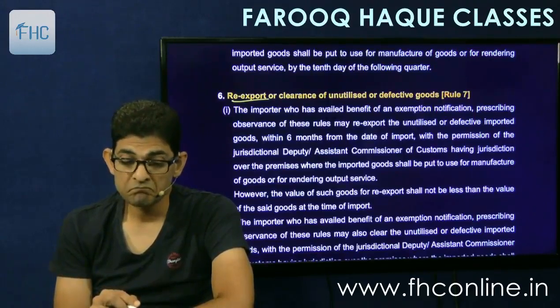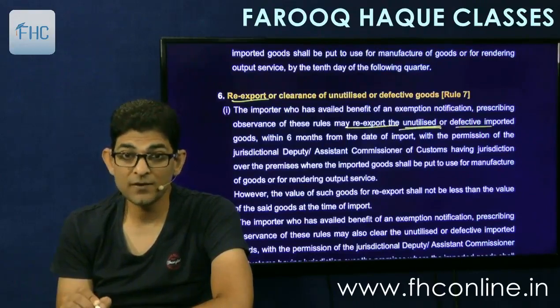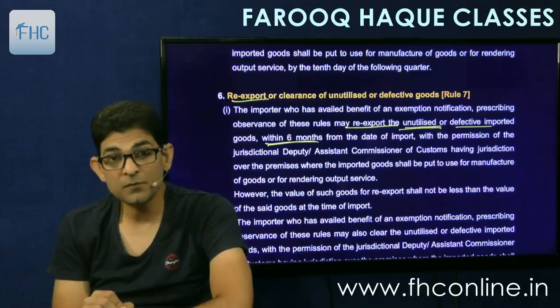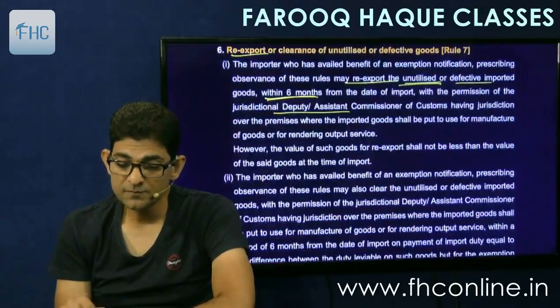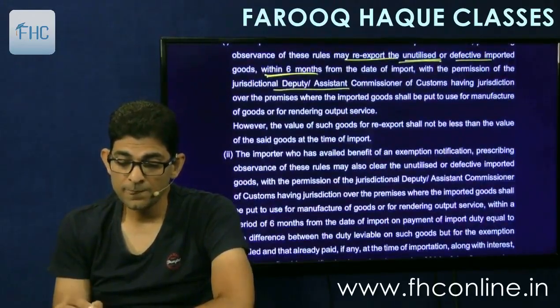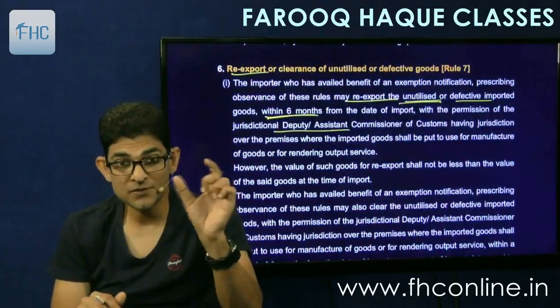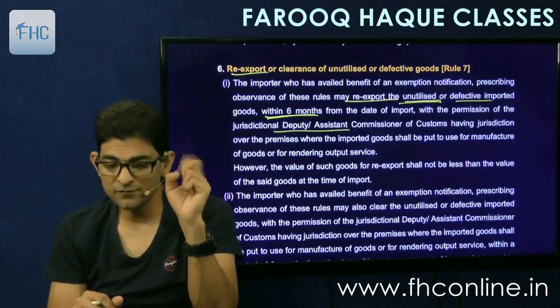So it says, the importer who has availed the benefit of exemption prescribing observance of these rules may re-export the unutilized or defective imported goods within 6 months from the date of import, with the permission of the ACDC having jurisdiction of the premises where the imported goods shall be put to use for manufacturing. All that is not necessary. So you just remember these underlines. You have to re-export within 6 months if it is unused or defective.